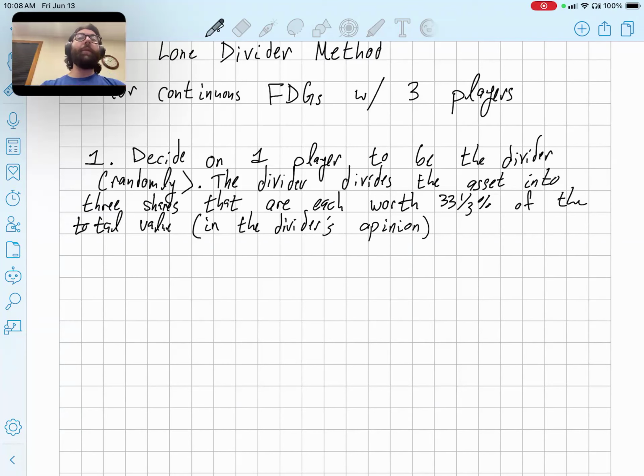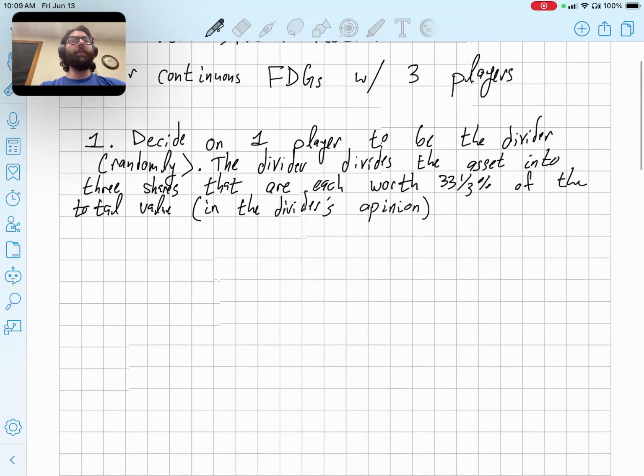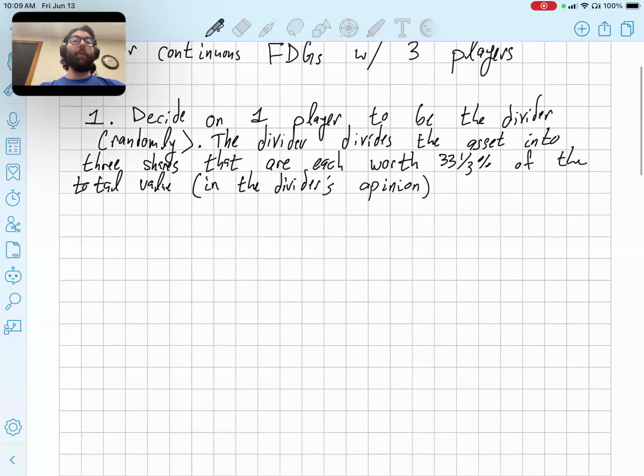Okay, and so when we have a fair division game with 3 players, every player is entitled to 1/3, or what they believe to be 1/3 of the total value of the assets. And so 1/3 is the same as 33 and 1/3%.